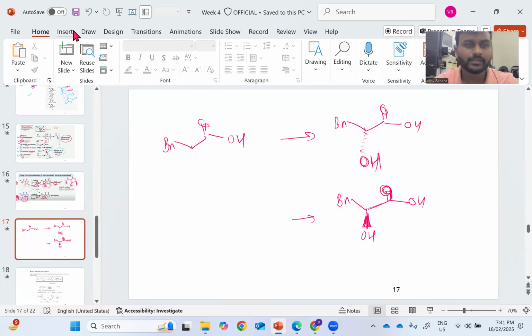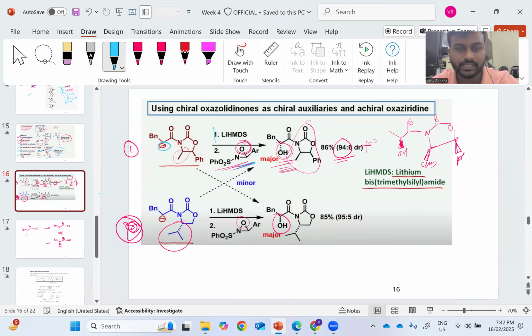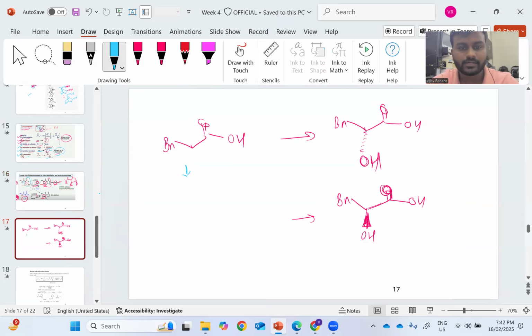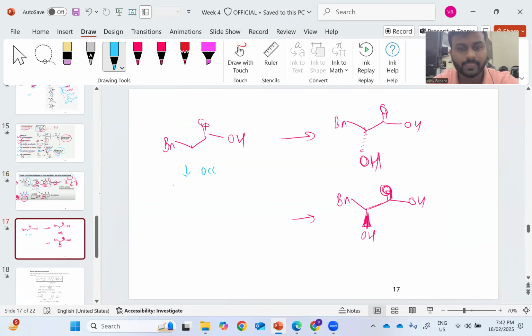We can use the chiral auxiliary. We can couple this acid with the chiral auxiliary. In this case, this entire group was the chiral auxiliary, right? In the presence of a coupling reagent, let's say DCC or any carboxylic acid coupling reagent, we can couple this entire chiral auxiliary. So the chiral auxiliary is this one, right?